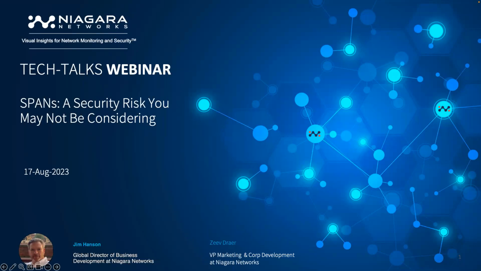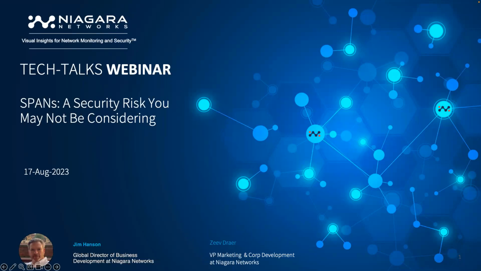As Zev mentioned, my name is Jim Hanson, and I am the Director of Business Development at Niagara Networks. In that position, I work closely with many of the industry's leading NDR, XDR, UCTM, Unified Communication Threat Management vendors, to ensure that their tools have access to the packet data required to protect against today's sophisticated attacks.